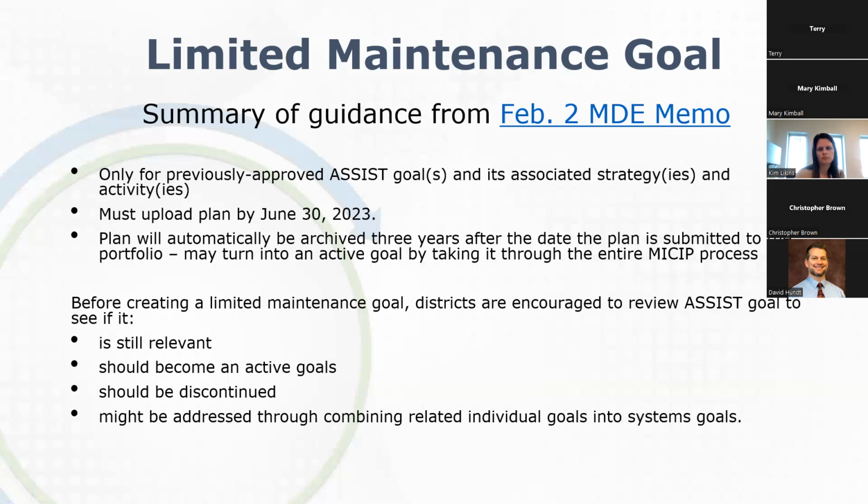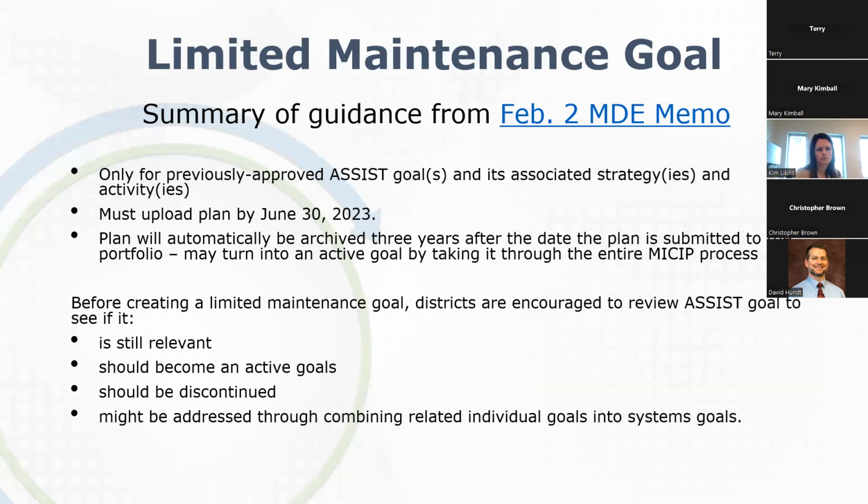There are still some things we want you to consider when thinking about creating this type of goal. Looking at your assist goal, ask the question, is it still relevant? We know that districts have for many, many years paid their parapros or their coaches through Title I or Title II. But is the purpose of that coach or parapro still relevant today? So just have a chat about that. Maybe we should change the assist goal and go through the process of making it an active goal.